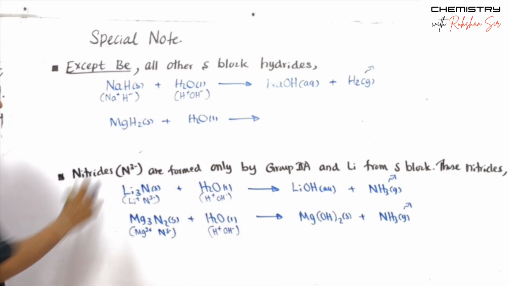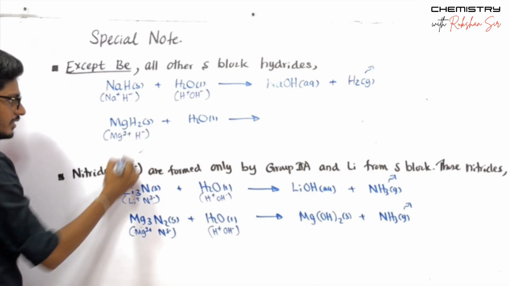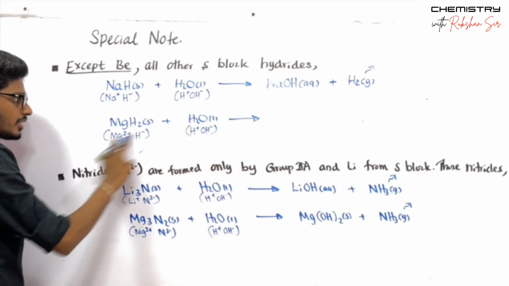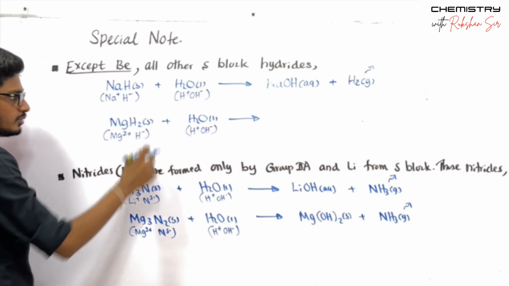H2 gas. Here as well, magnesium 2 plus and H minus ions are there. Here you have H plus and OH minus ions. So magnesium 2 plus coming up with OH minus, that is magnesium hydroxide, and this is H plus and H minus, H2.